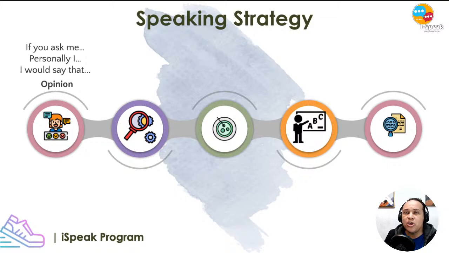Now, what kind of sentences can you start with if you want to use opinions? For example, you can use "if you ask me," right? If you ask me, and this is a pre-sentence that if you add it in your speaking, obviously you will make a longer sentence or a longer answer whenever you have the opportunity to talk.